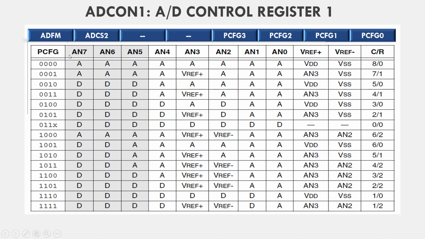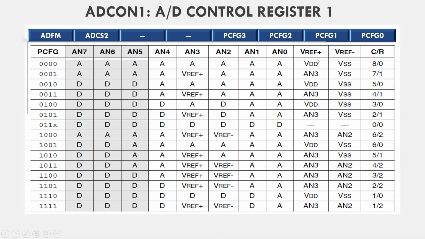You can see here, if all these bits are 0000, then analog channel number 7 is selected as analog, channel number 6, 5, 4, 3, 2, 1, and channel number 0 are also configured as analog.